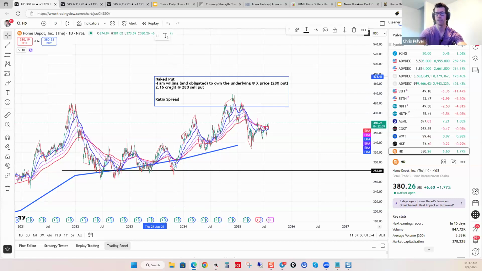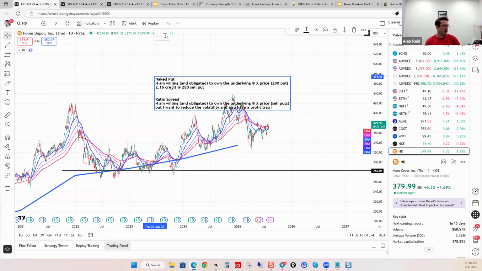A ratio spread is I am willing and obligated to own the underlying at X price, which is going to be my sell puts, but I want to reduce the volatility and also have a profit trap.